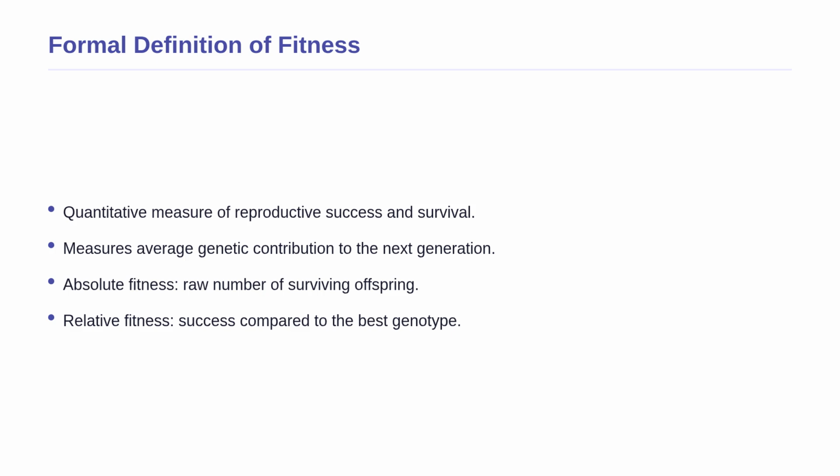Biologists divide this into two main types. First, absolute fitness, which measures the raw survival and reproduction numbers. Second, relative fitness, which compares a specific genotype against the absolute best performer in that exact same population. This comparison reveals which traits natural selection is favoring.